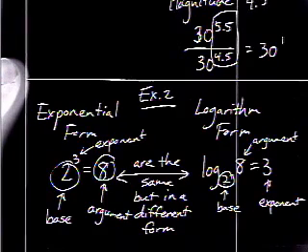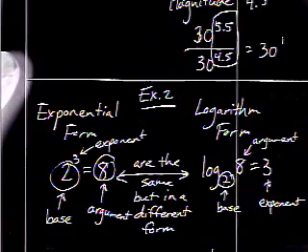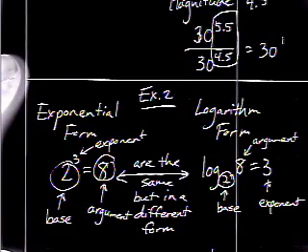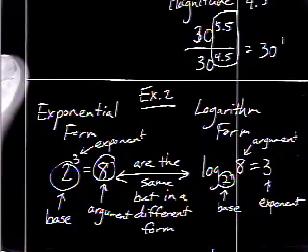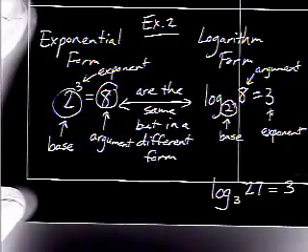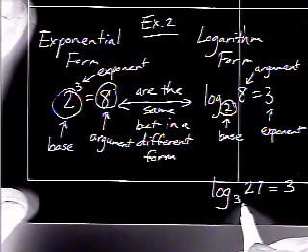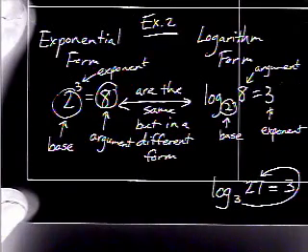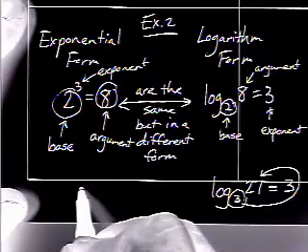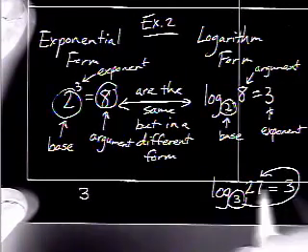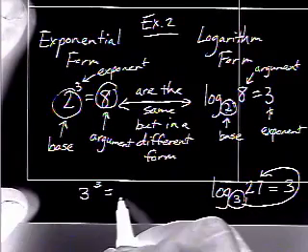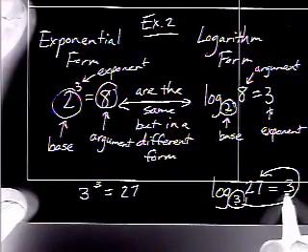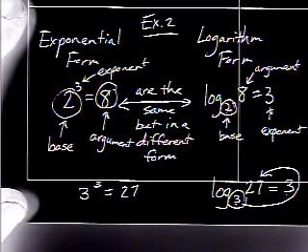So if you ask me to change something that's log base 3 of 27 equals 3, now one thing I like to do is use an arrow situation as a way to help me understand that I start with the base, I move around to the exponent, and that equals the argument, 27. 3 to the third power equals 27.